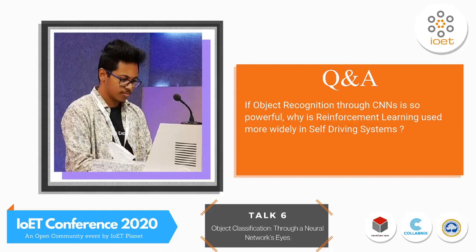The second part is why use reinforcement learning at all. A self-driving car's goal is not just to understand what is in front of you. Say it detects that there is a truck there, a car there. That is not sufficient for it. It also has to develop some rules, like where is it going and why is it going. For example, in reinforcement learning, we develop rules to understand that a car is coming at this speed at an intersection.